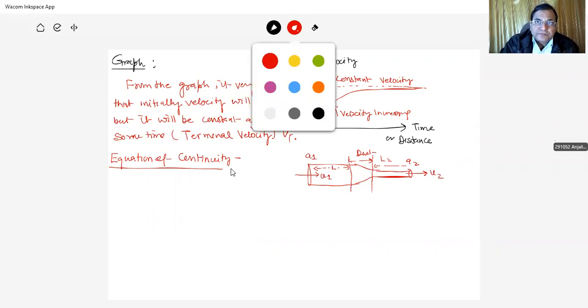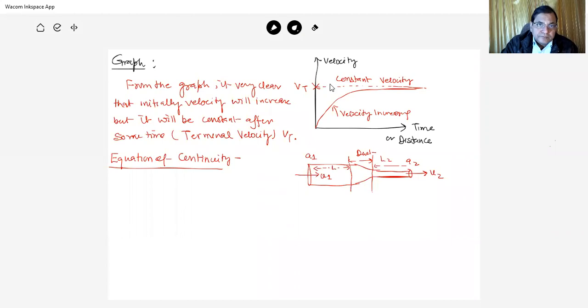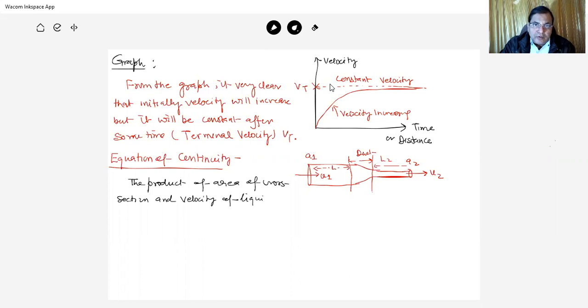So the product of the area of cross-section and the velocity of the liquid at a specific end is constant.